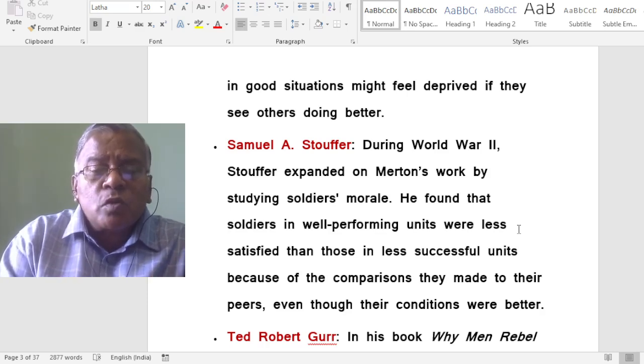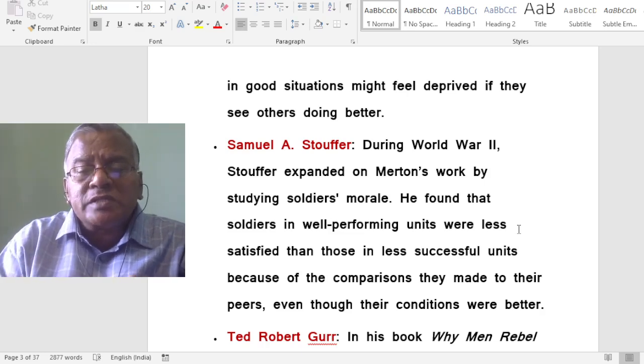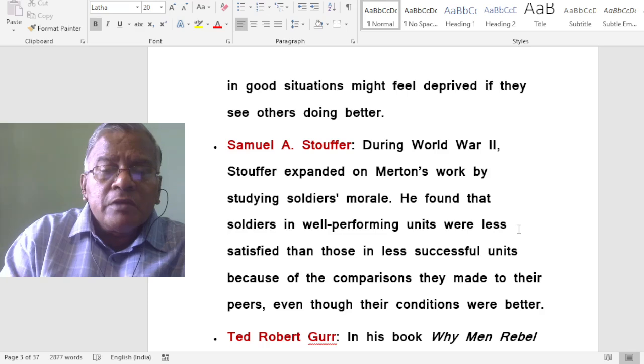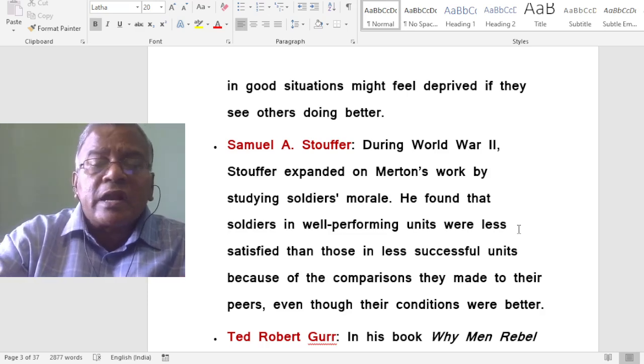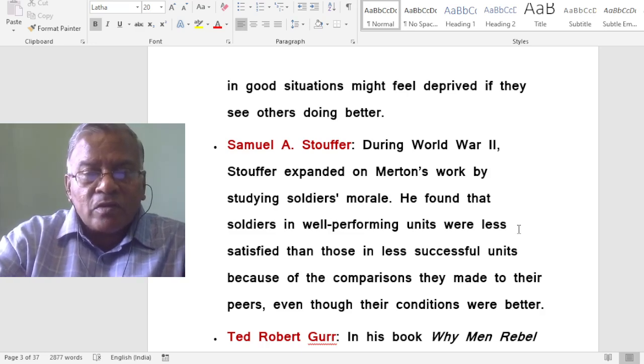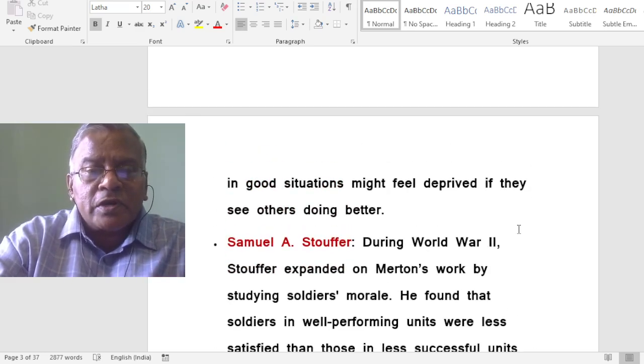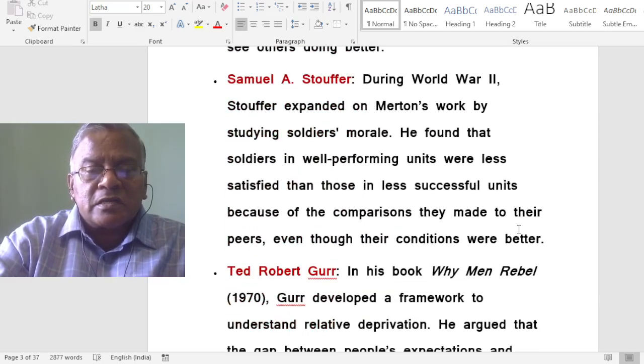He found that soldiers in well-performing units were less satisfied than those in less successful units because of the comparisons they made to their peers, even though their conditions were better. So all these studies have been made by such scholars, Samuel Stouffer or Robert Merton, etc.